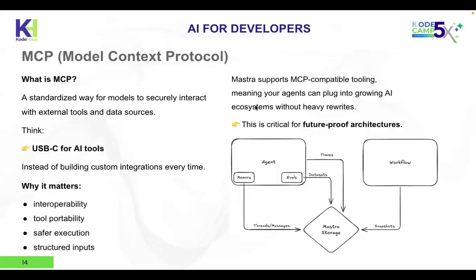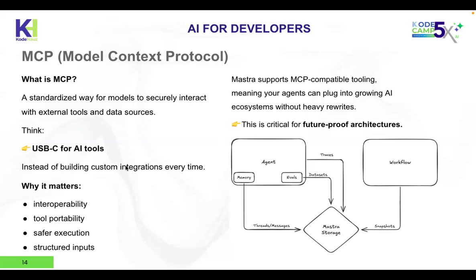Then the other thing that Mastra will quickly give you access to is MCP. We already talked about MCP and what MCP means. It's model context protocol. So what this means is basically a standardized protocol that allows models to access information and interact with external tools, right? In order to get information, get new context, or execute tool calls, right?